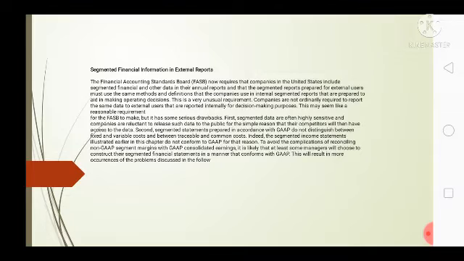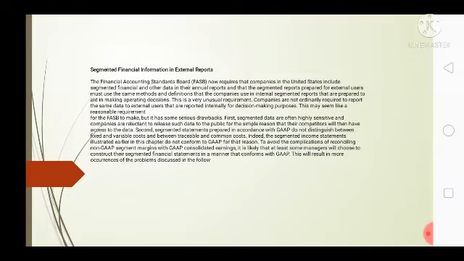This is a very unusual requirement. Companies are not ordinarily required to report the same data externally as they use internally for decision making.